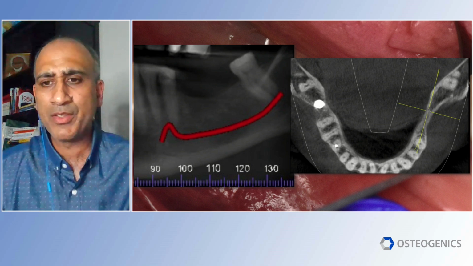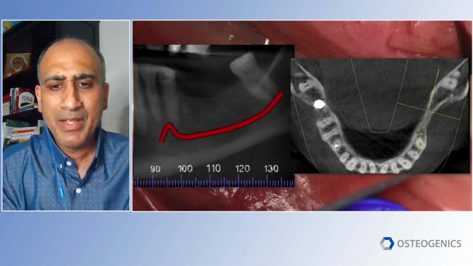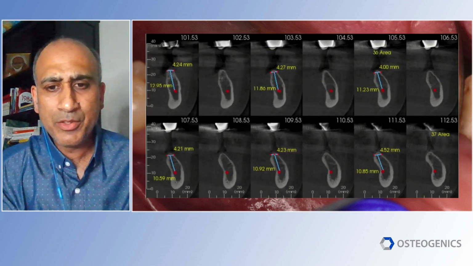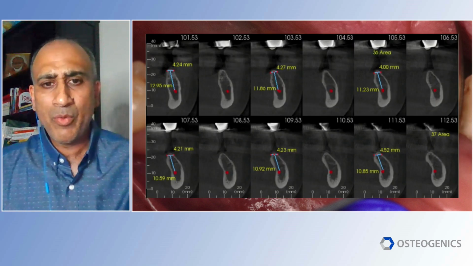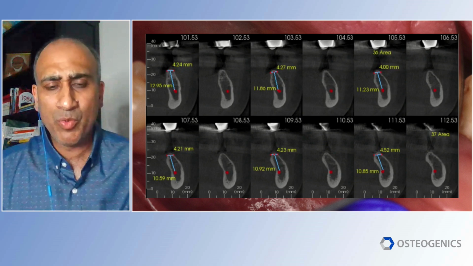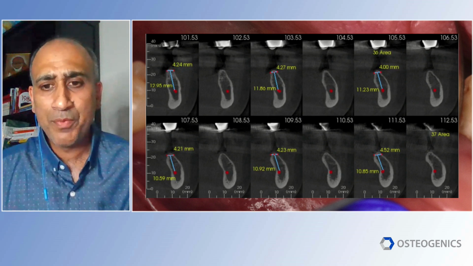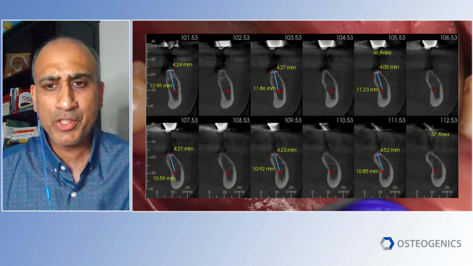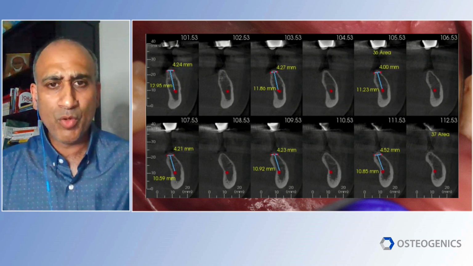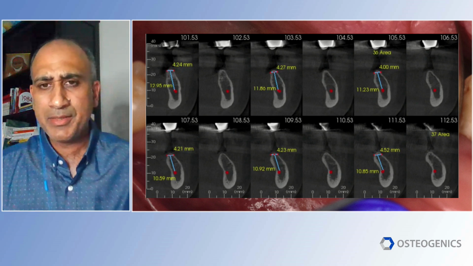This is more of a horizontal augmentation case. And one of the things that we need to do is we have to be able to classify our ridge defects. And before we get to that, I just wanted to show you some more views of the cone beam CT scan. When we look at these cross-sectional images, you can see that the bone morphology is more or less pear-shaped.